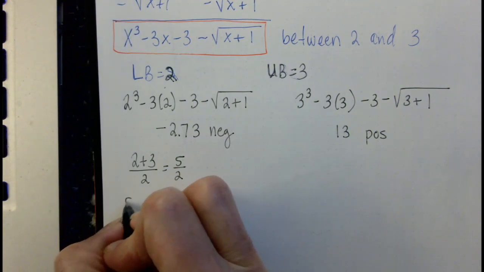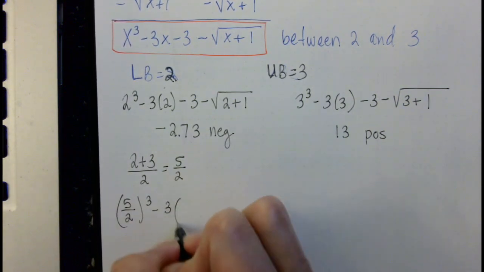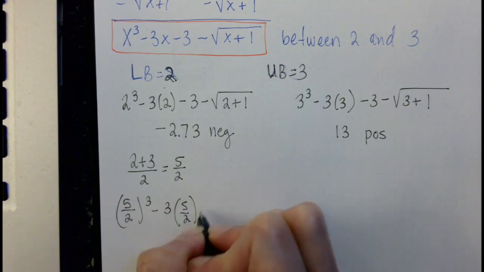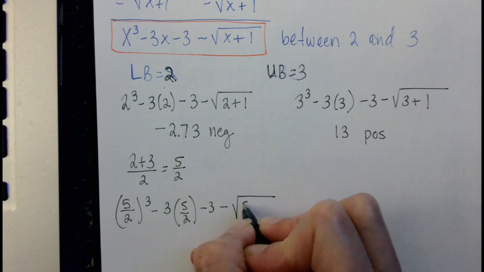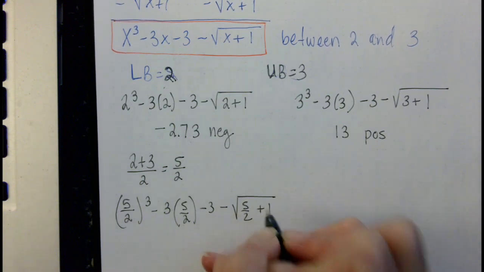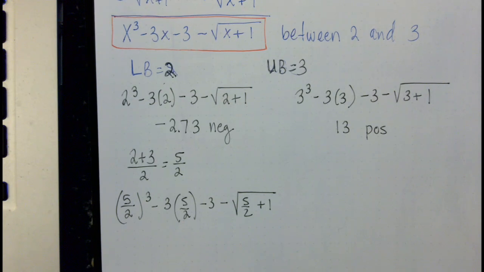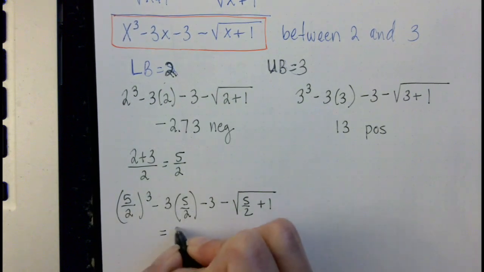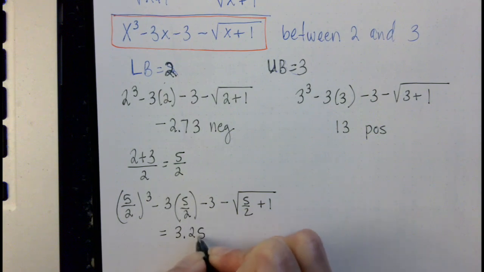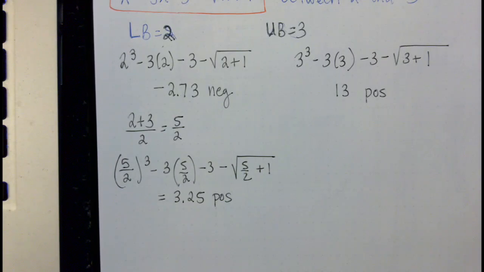So this is going to be 5 halves cubed minus 3 times 5 halves minus 3 minus the square root of 5 halves plus 1. And when we type that into our calculator or Desmos, we get 3.25, which is a positive value.